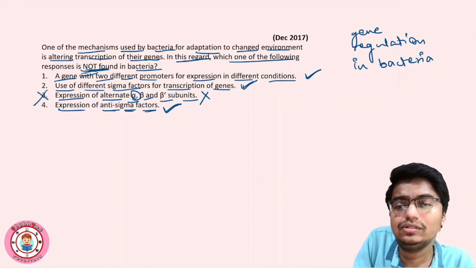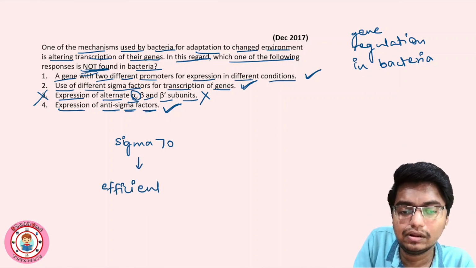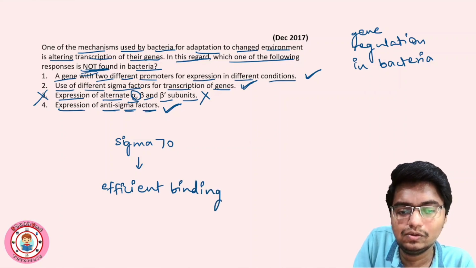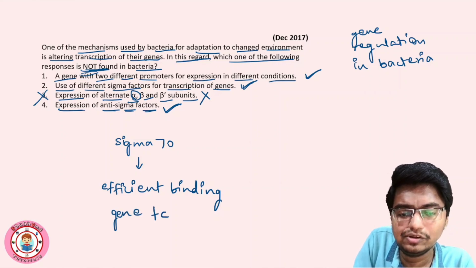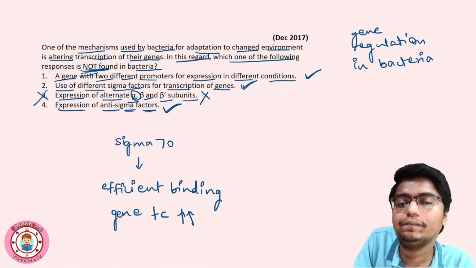This can control the gene, right? अगर sigma 70 efficient binding, okay, it does efficient binding. Okay, means what? Gene transcription increase होगा, right? Enhance होगा.